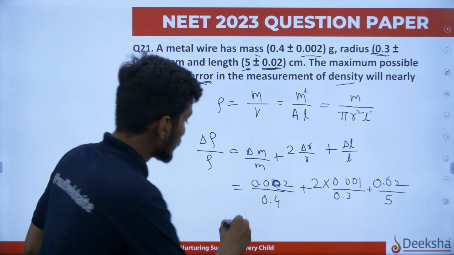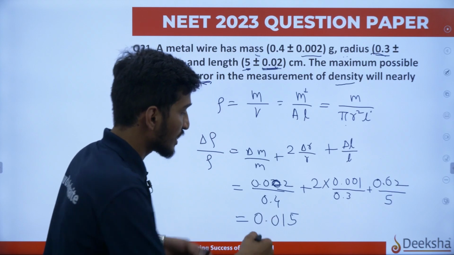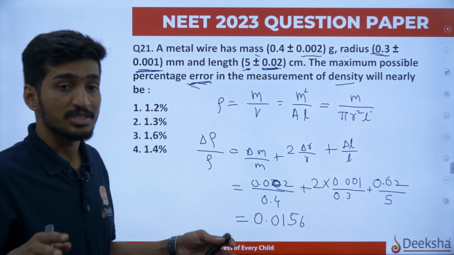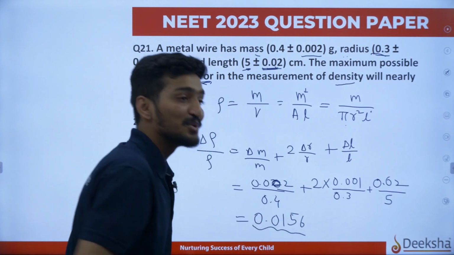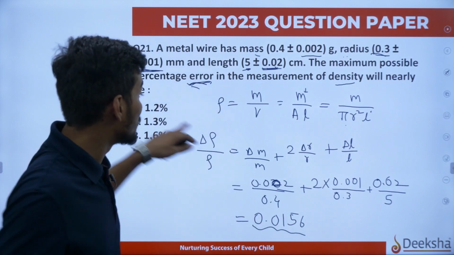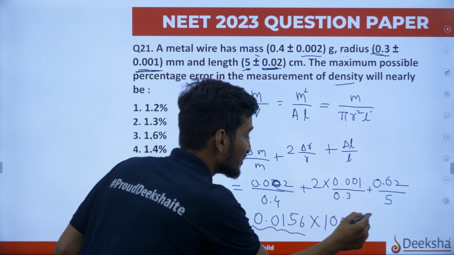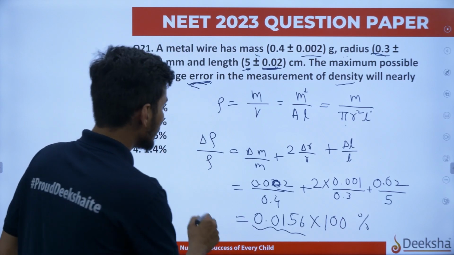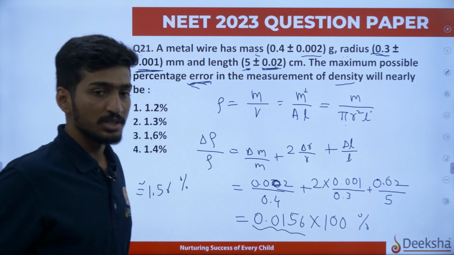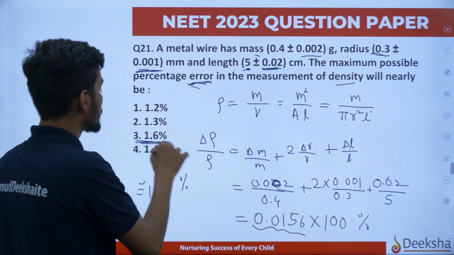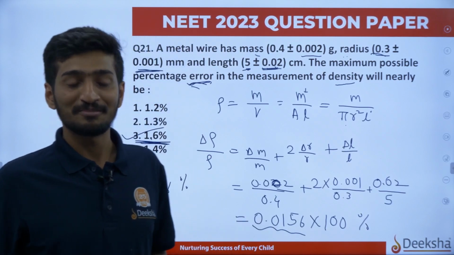You can do this. When you do the calculation, the answer comes out to be 0.015 and some 6, something like that. Not a genius, I've done this before, that's how I know. So that's the fractional error. You want the answer in percentages, right? So you have to multiply this by 100. And basically the answer that comes out is 1.56 approximately percent. In other words, that is 1.6% roughly. And that's your answer. Okay, let's move on.